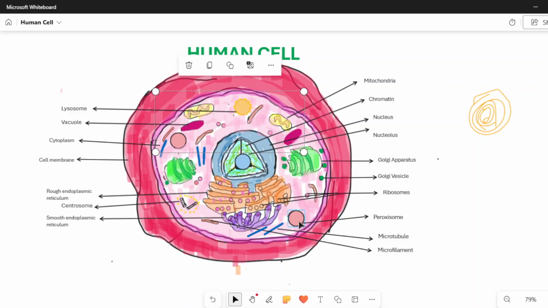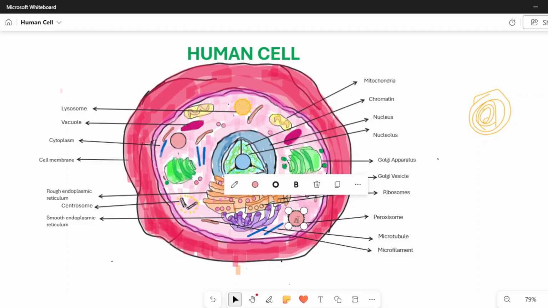Next is the peroxisome. So peroxisome is another organelle which also does work similar to the lysosome, but it is a specialized lysosome, we can say. It does work which the lysosome cannot complete; the peroxisome can complete.